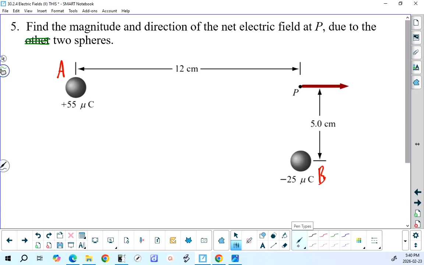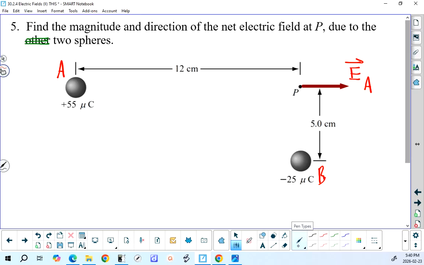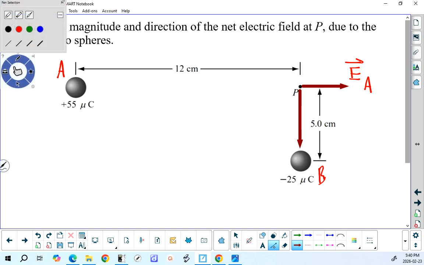So this vector I have drawn over here is the electric field at P due to A, and it's to the right because A is positive, so an imaginary positive test charge would be repelled from A. This vector that I'm drawing is the electric field at P due to B. Why did I draw it so much longer?